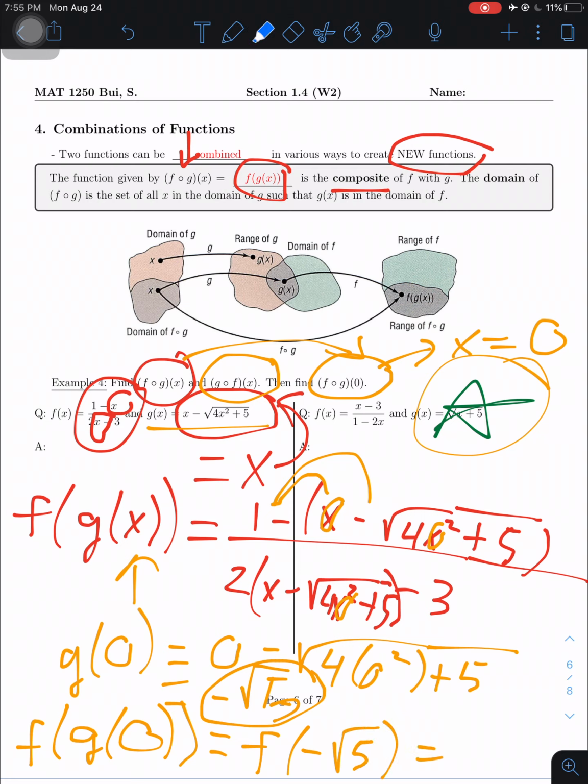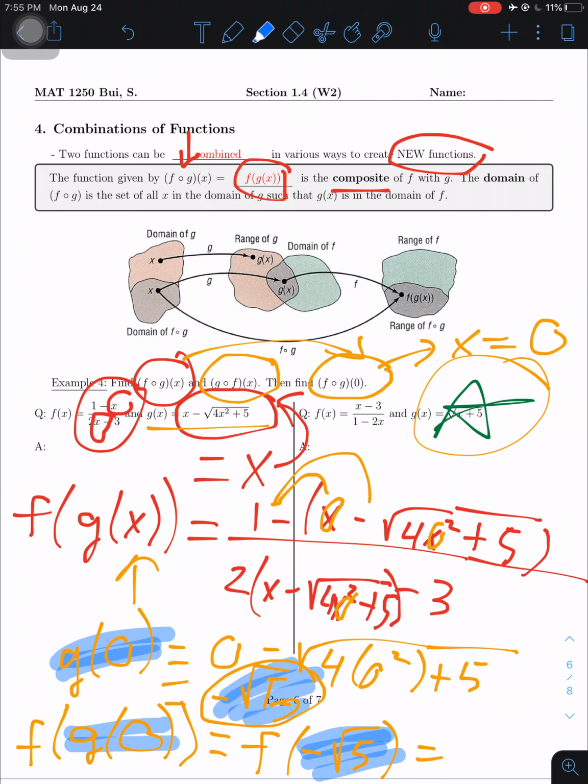Notice that in place of g of 0, I write negative square root of 5, because they are just the same thing. We evaluated g of 0 first already, so I got a value and then plug it back into the outside layer, which is f in here.